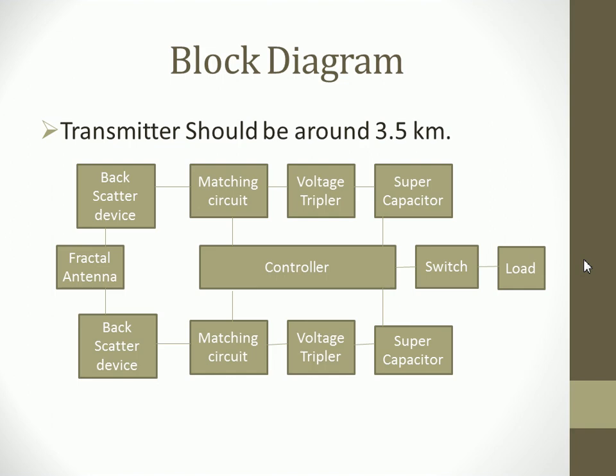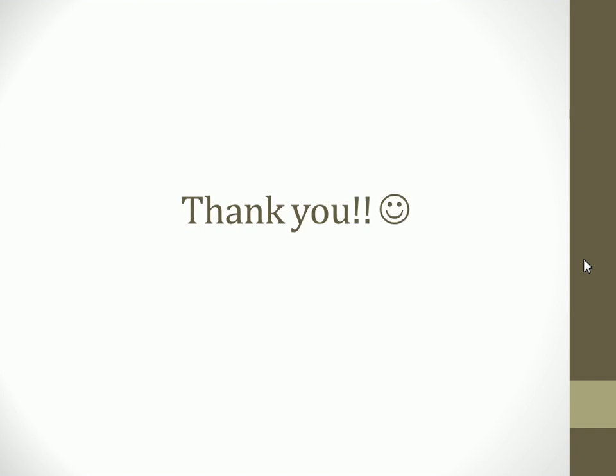Like this, this receives 120 microwatt, and this receives 120 microwatt power per second. So in 1 hour we can get 500 to 600 milliwatt power, which is enough to charge our battery. So this is the thing. Thank you.